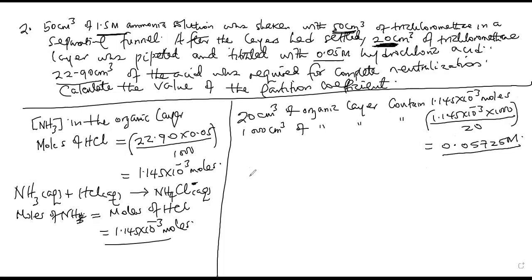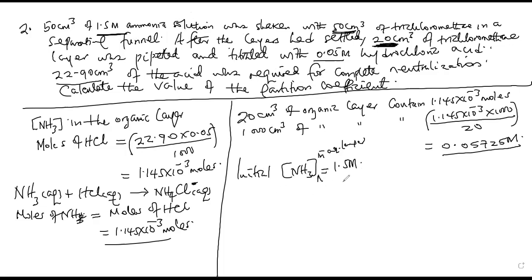Now, the initial concentration of ammonia, remember, is equal to 1.5 molar. And since it's a solution, it means it is the initial concentration of ammonia in the aqueous layer, because it was an ammonia solution. You can't form solutions without adding some water. So the initial concentration of ammonia in the aqueous layer is 1.5.